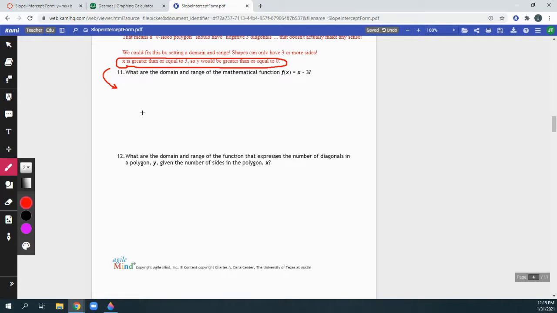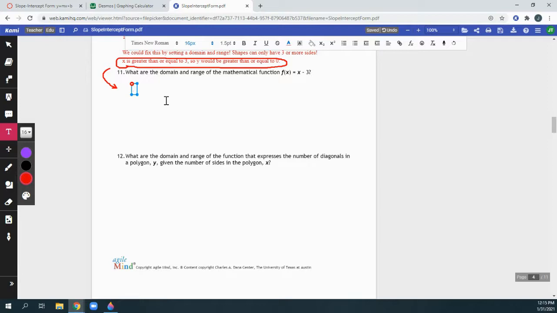You can't have decimals either. So rather than just saying x has to be bigger than 3, I would say domain: x is a counting number, 3 or greater.